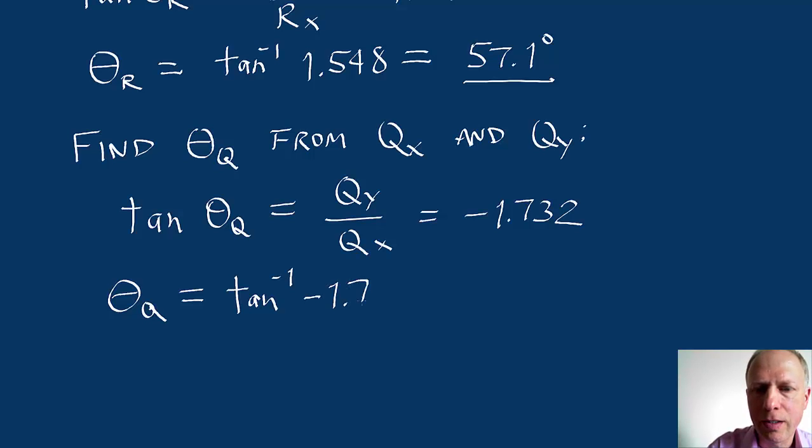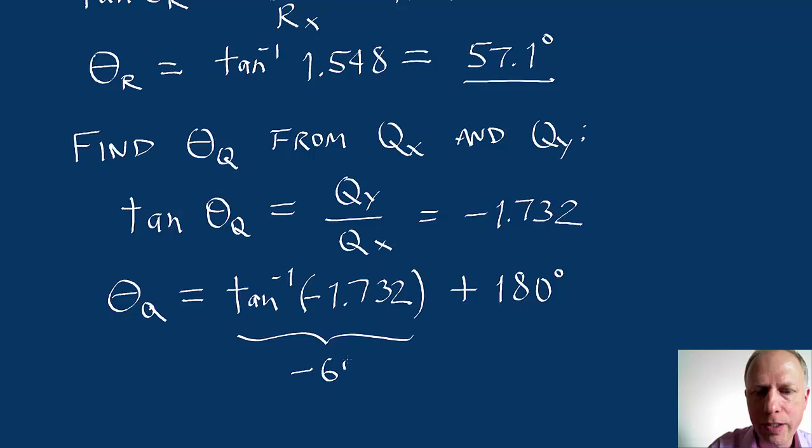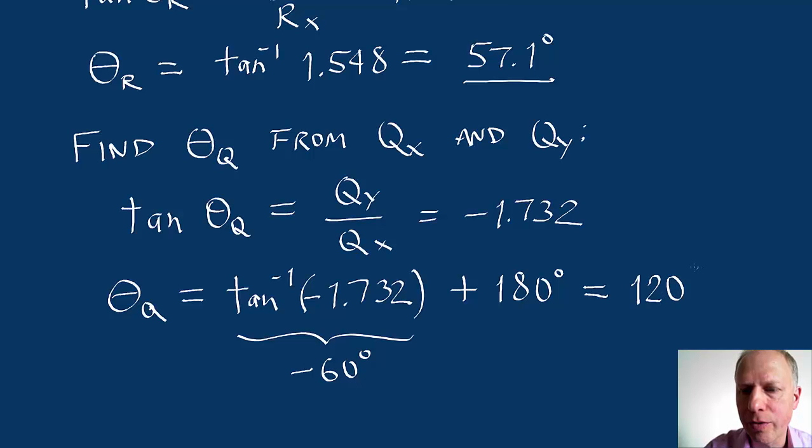So to find the direction angle of the vector Q, I need to take the inverse tangent of minus 1.732 and add 180 degrees. The inverse tangent comes out to be minus 60 degrees on the calculator. So the final answer is minus 60 plus 180 equals 120 degrees, which is actually the direction of vector Q that we put into our calculation.